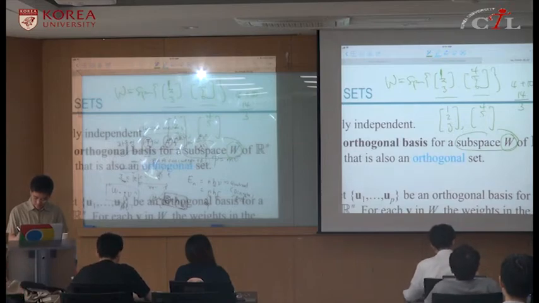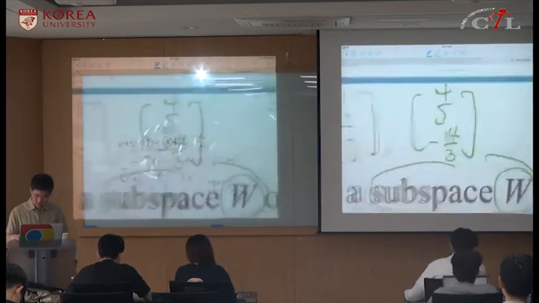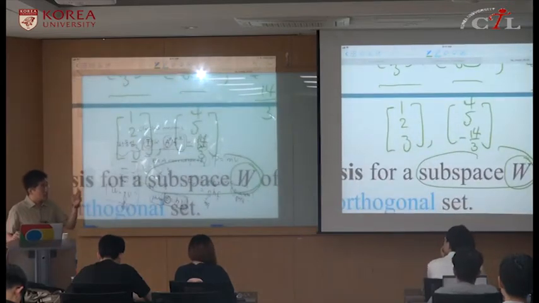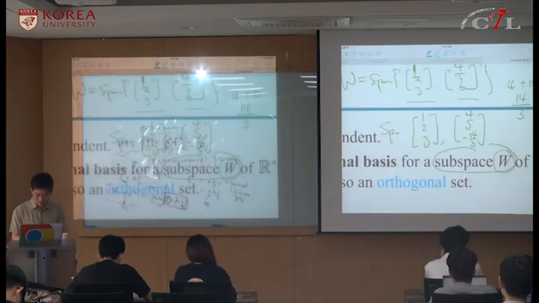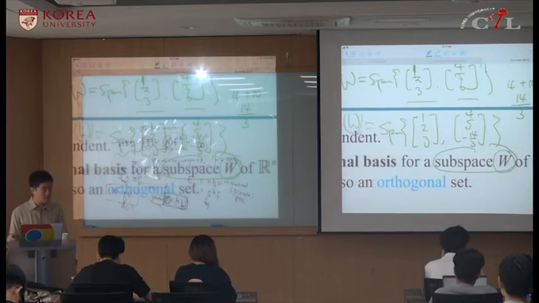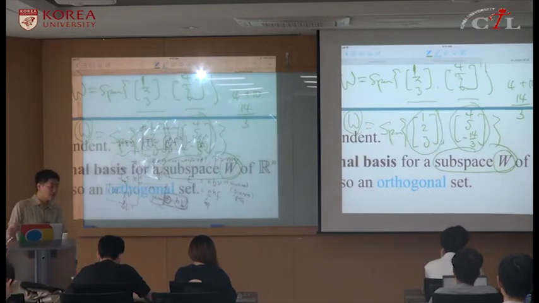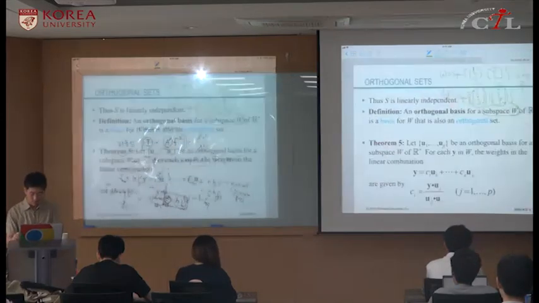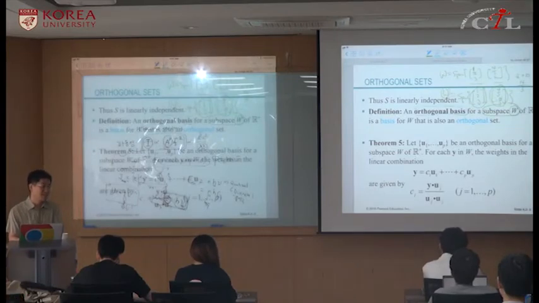So this value is this guy. In this case these two vectors are orthogonal to each other. And what about the span of these two vectors? If we have a vector subspace W, and we can find basis vectors that form an orthogonal set, that is called an orthogonal basis of a subspace.